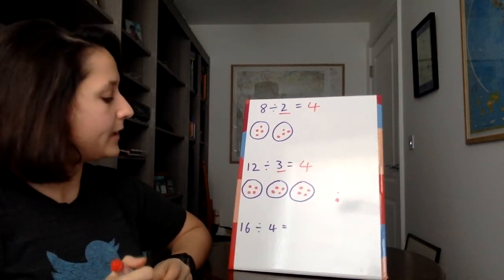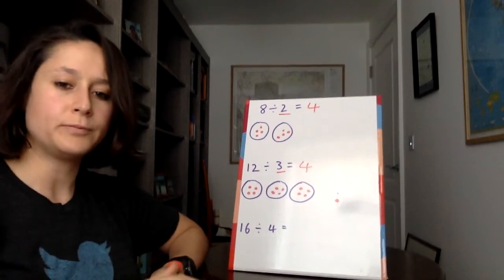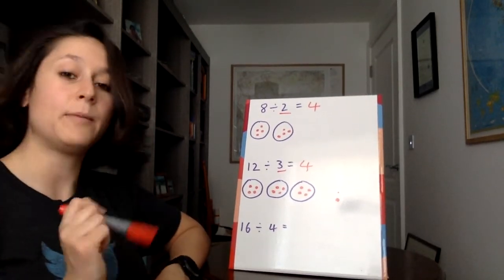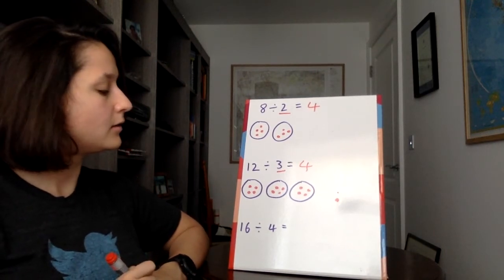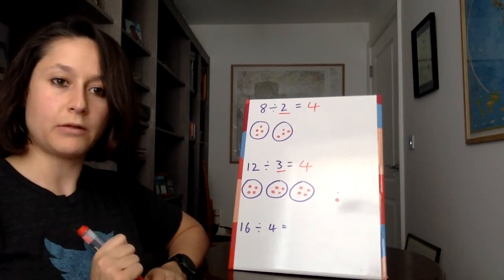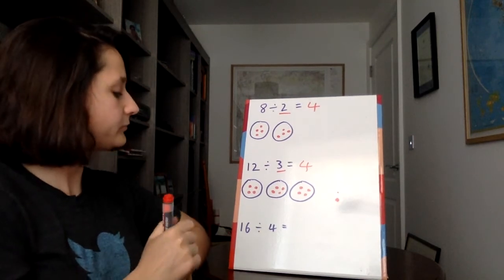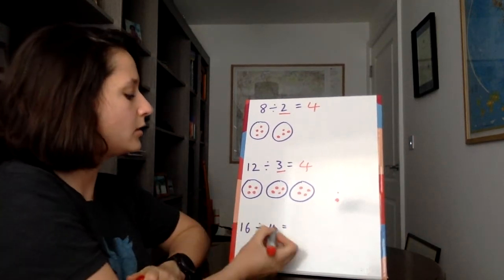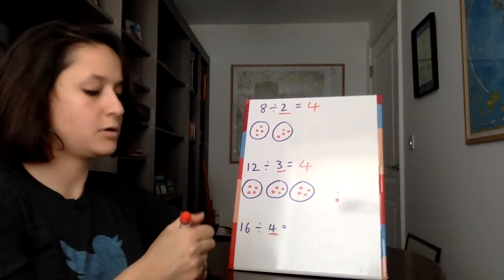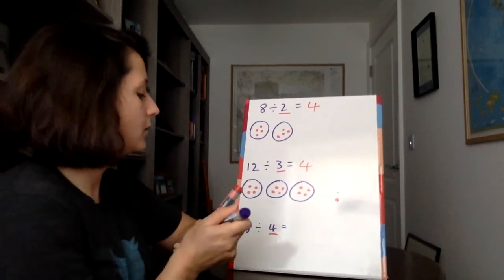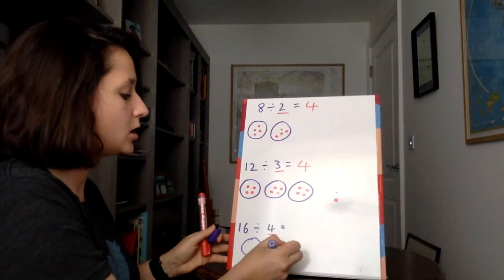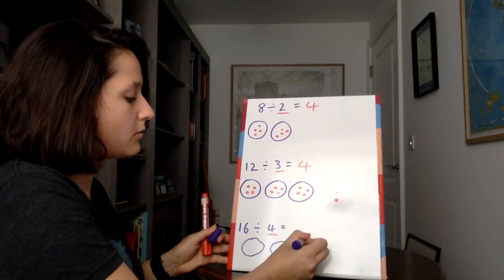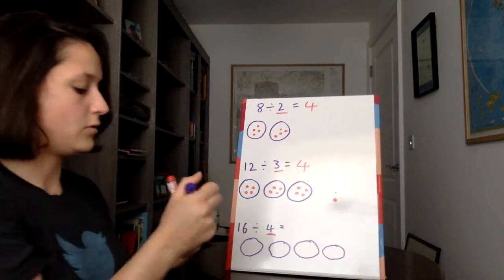Now, looking down here at 16 divided by 4, how many circles, do you think, am I going to draw? Now you can pause me here and have a go yourself, or follow me. You can see here that I've got the number I'm dividing by, which is 4. So I need 4 circles. 1, 2, 3, 4.